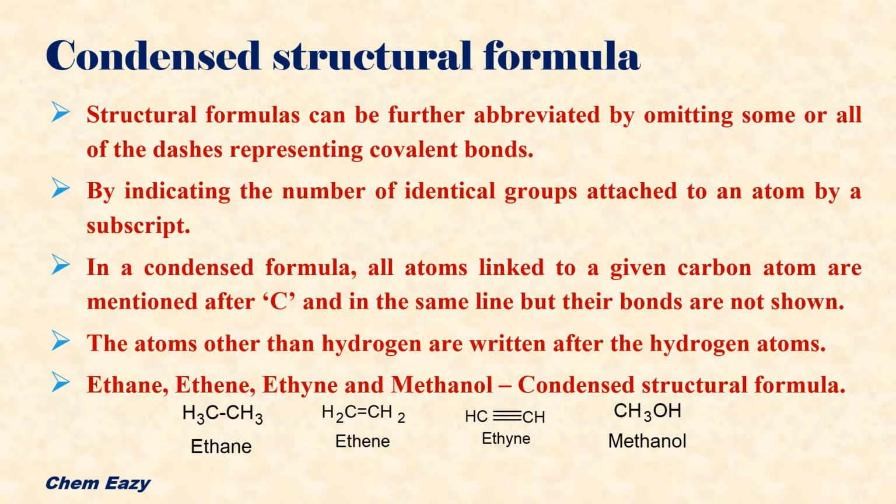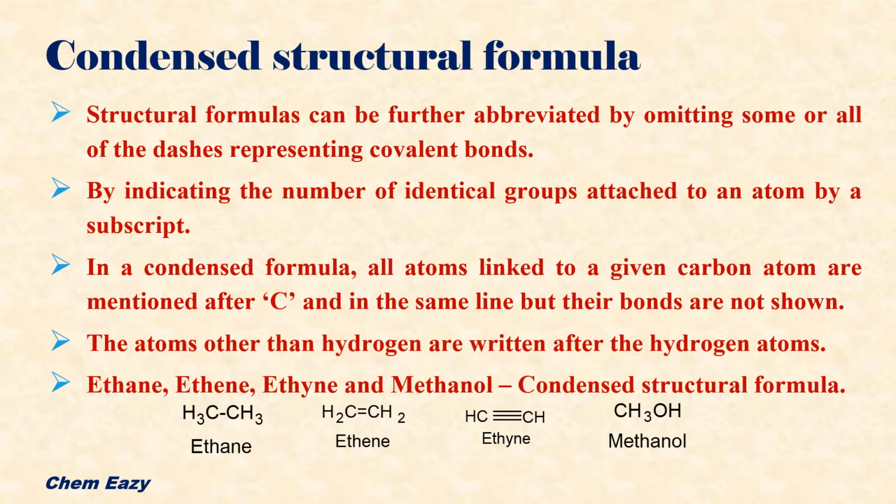In the case of the condensed structural formula, some or all of the dashes which represent the covalent bonds can be omitted. It means without those dashes, we can write the complete structural formula in the form of a condensed structural formula. And also in a condensed structural formula, we can indicate the number of identical groups attached to an atom by a subscript.